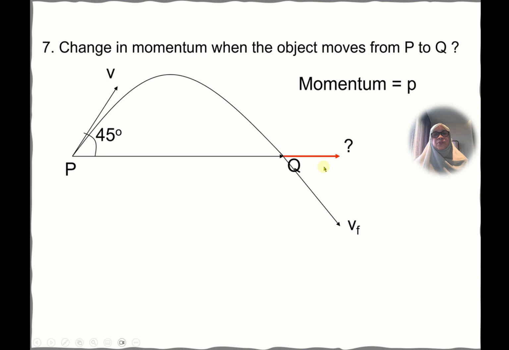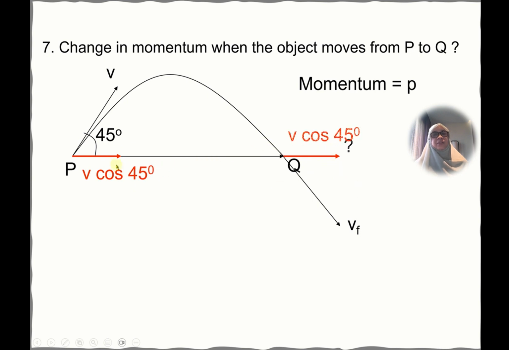So we are going to find the components of V. For the horizontal component, it is V cos 45 degrees, because the line here is adjacent to the 45 degrees, so we use the trigonometric ratio. The horizontal component of V final is also the same.